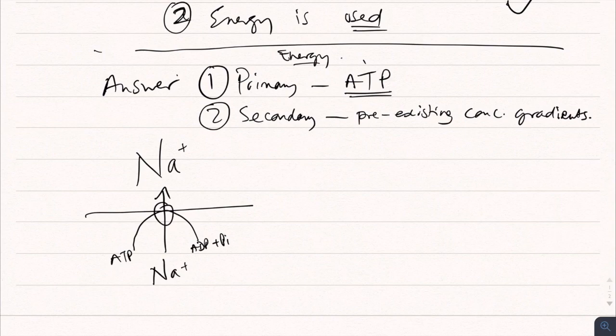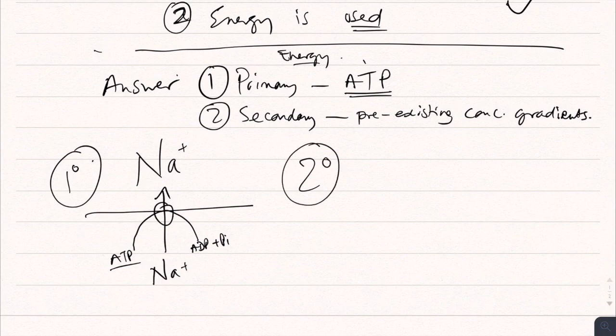Okay, so you use an energy source, in this case ATP, to move something against the concentration gradient. That's primary active transport. Secondary active transport is when you use the concentration gradient of substance A to move substance B against its concentration gradient.